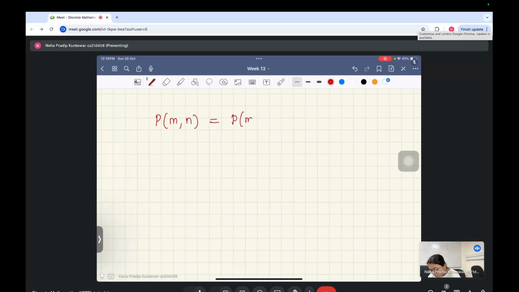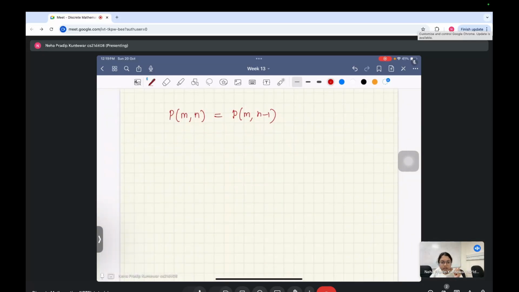So what I'll do is I'll break it into this part, which is m cross n minus 1, by breaking across the column, plus I used one break to get the column, and I want to solve p of m comma 1, and this we know is the same as m minus 1.